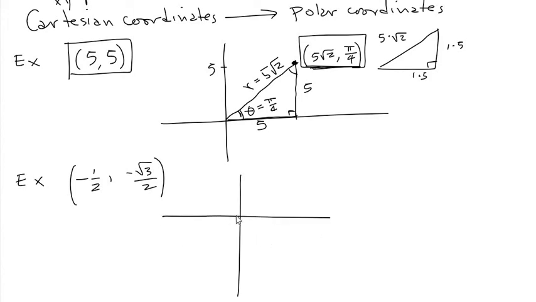So in this case, I'm going to go 1/2 to the left, and then I'm going to go down root 3 over 2. That, of course, is at a right angle. So those are my Cartesian coordinates to get to this point down here. Here's the point that I'm interested in.